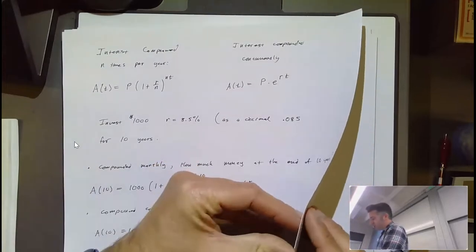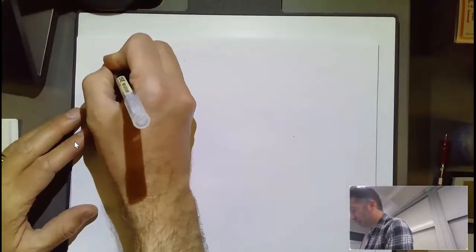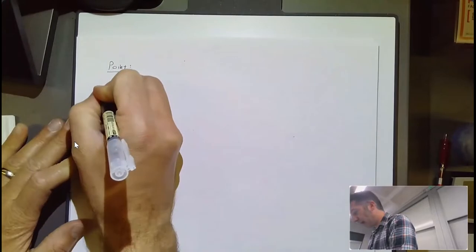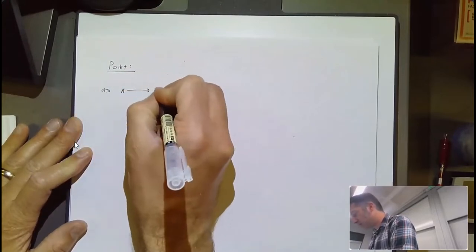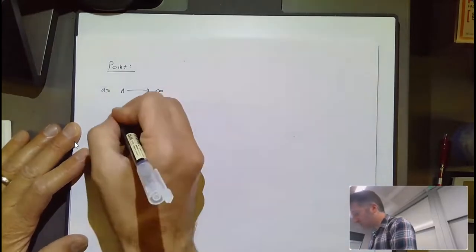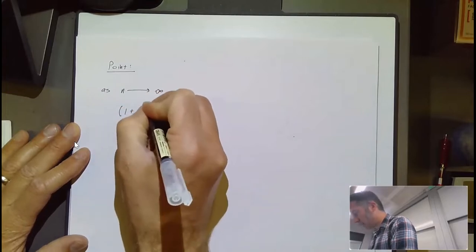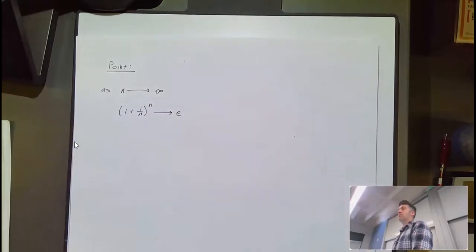Oh, want paper? If I could move the papers, maybe. So the point is the following. As the number of times you compound gets really, really large, so as n goes to infinity, this expression, 1 plus 1 over n to the nth power, gets closer and closer to e.